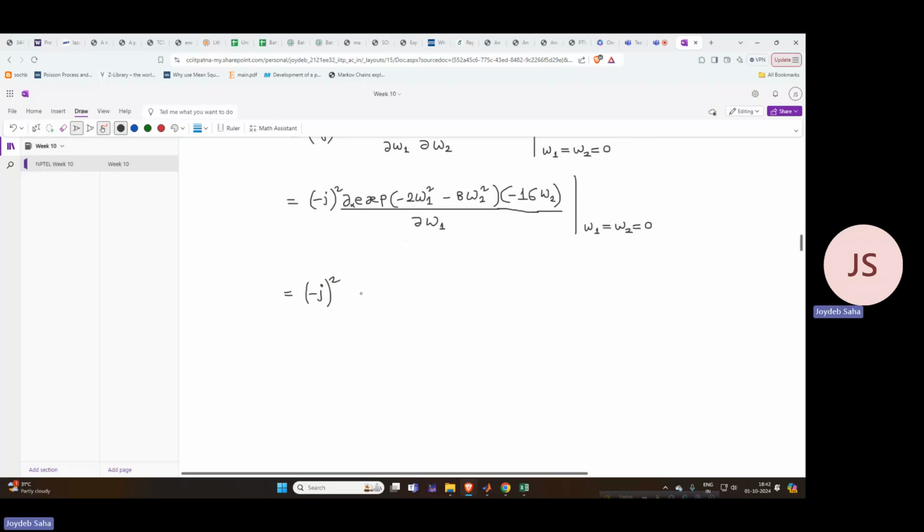So this will be as it is, minus 16 omega 2, exponential of minus 2 omega 1 square minus 8 omega 2 square, multiplied with minus 4 omega 1.